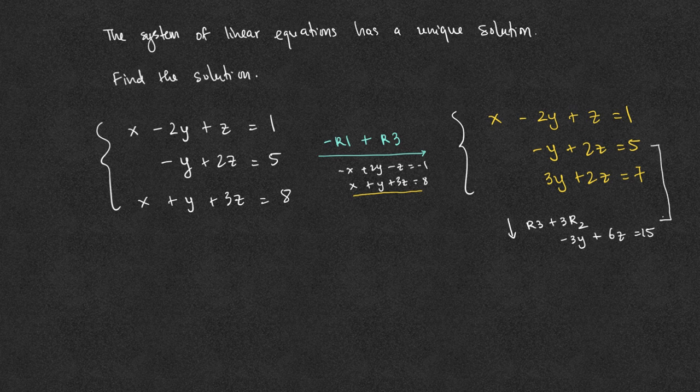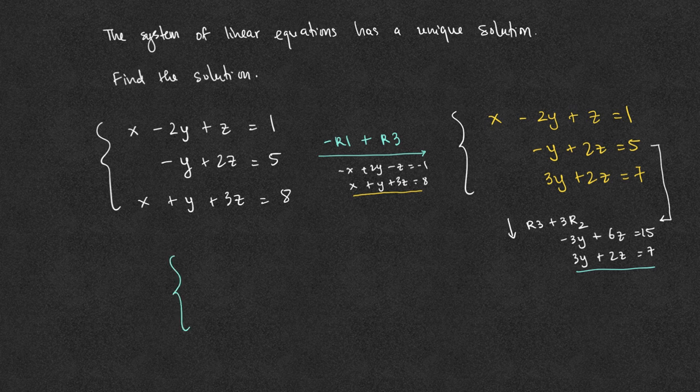This is row 2 times 3, every single term multiplied by 3. And then we add it to the third row, which is 3y plus 2z equals 7. Performing this row operation, we obtain an equation, and we will replace the third equation with this new equation.